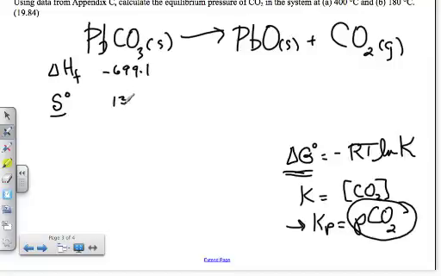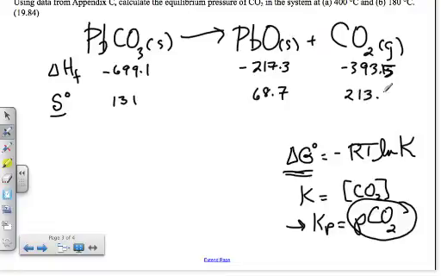The absolute entropy for that substance is 131. The heat of formation for lead oxide is negative 217.3, and the absolute entropy is 68.7. Carbon dioxide is negative 393.5, and the absolute entropy, of course it's a gas, is much higher than the other two.